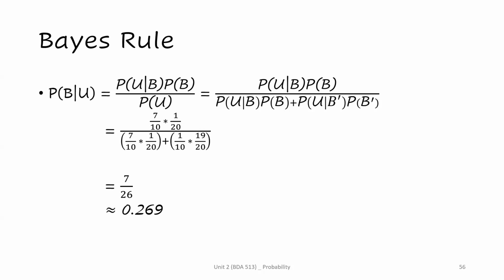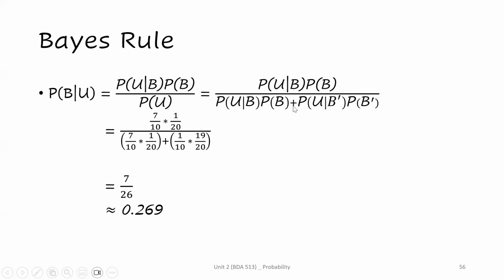Okay. So let's put this in terms of probability. For those who were born within 25 miles of Manchester, we have those who support Manchester given that they were born within 25 miles, times the probability that they were born within 25 miles.